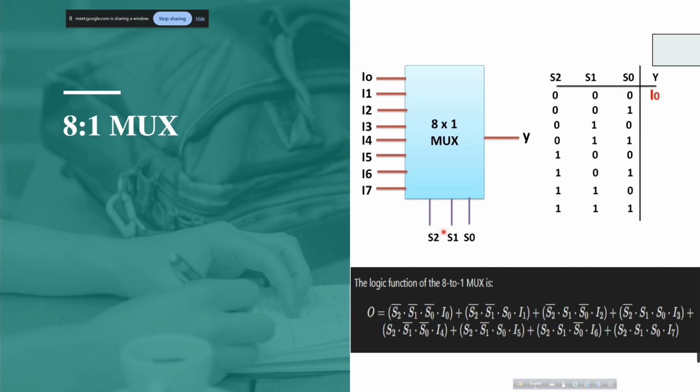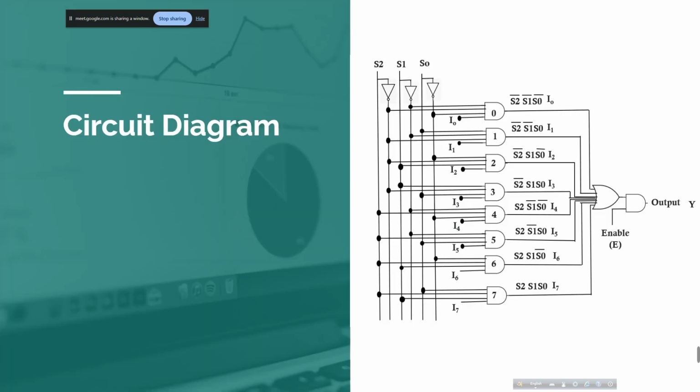For example, if the inputs S2, S1, and S0 are 1, 1, 1, the output will be I7. Below, the logic expression is given. So go to the next slide. The slide shows the circuit diagram of the 8 cross 1 multiplexer. Next.